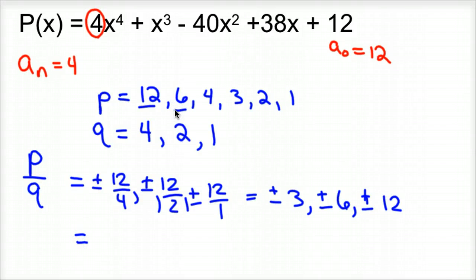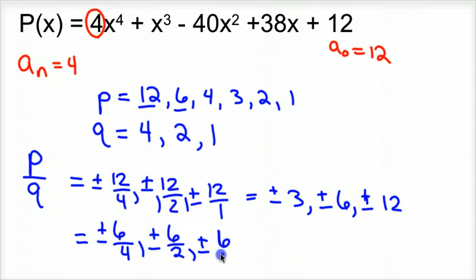Now let's move on to the 6. You could have plus or minus 6 divided by 4, plus or minus 6 divided by 2, plus or minus 6 divided by 1. Those are all the p over q for 6. And again, they reduce.